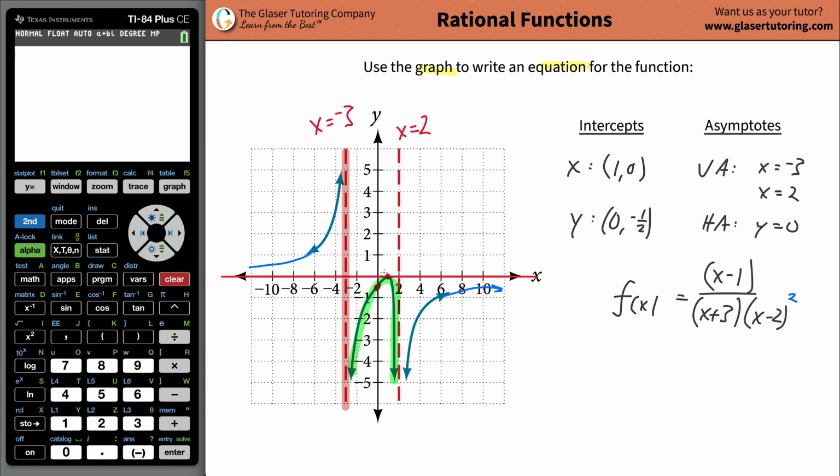All functions of parabolas have some squared thing to them. That's what a parabola looks like. So this is the factor that correlates with this region of the graph, and since it's a parabola, we're going to have to square that as well.